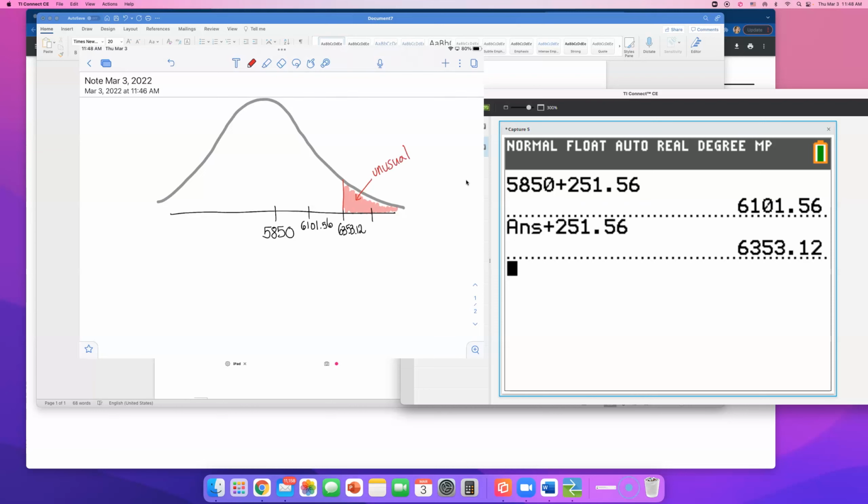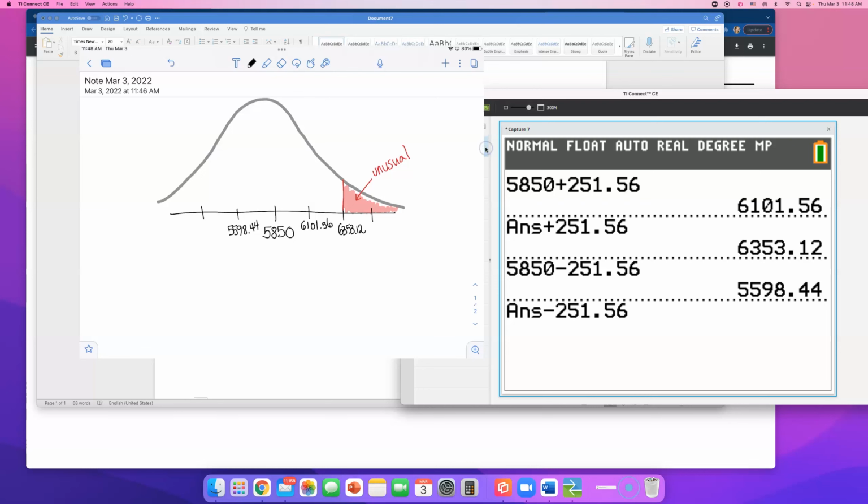Same thing, we need to find the lower bound. Let me go down from the midpoint of 5850, but this time subtract 251.56. If I subtract 1 standard deviation, we go down to 5598.44. I go down one more, minus 251.56, and that comes out to be 5346.88.